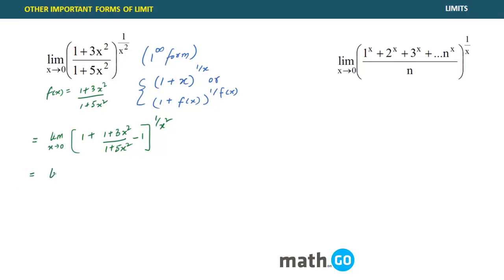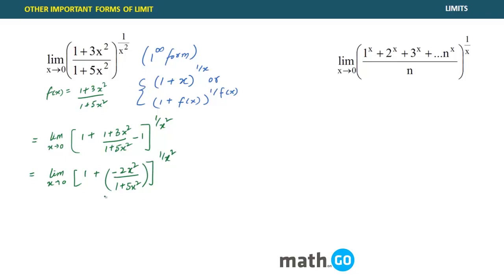And if we check now, this becomes 1, and this, if you take the LCM, then what would it become, tell me? Yes, so it will reduce to minus 2x square upon 5x square, whole raised to power 1 by x square.